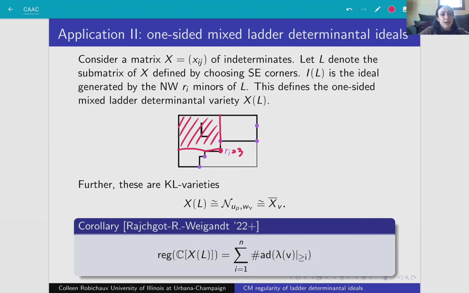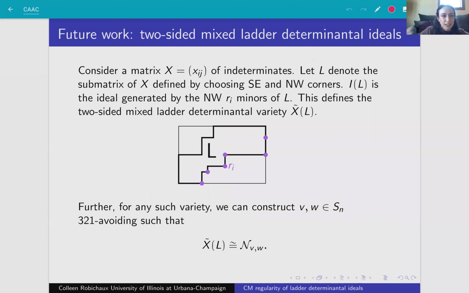In fact, these are again vexillary matrix Schubert varieties, so we can use our formula to compute these regularities for one-sided mixed ladder determinantal ideals. One last thing I want to mention is that at the moment I'm looking at extending this to two-sided mixed ladder determinantal ideals, so instead of a partition shape of indeterminates, having a skew shape of indeterminates.